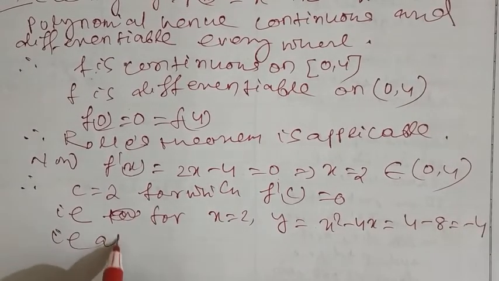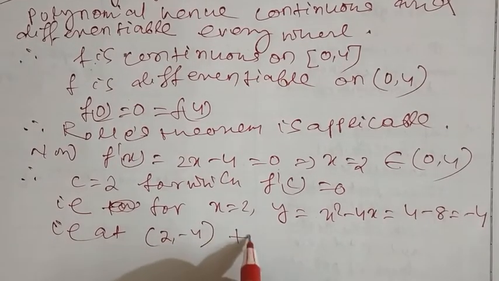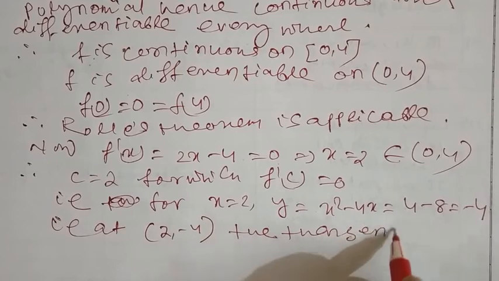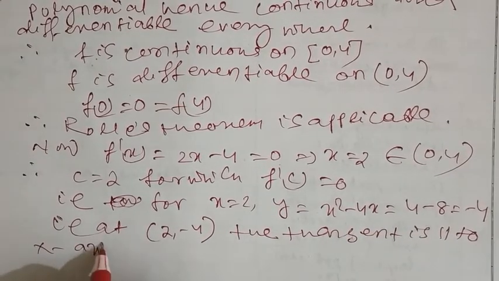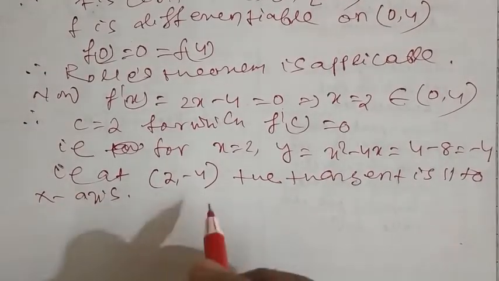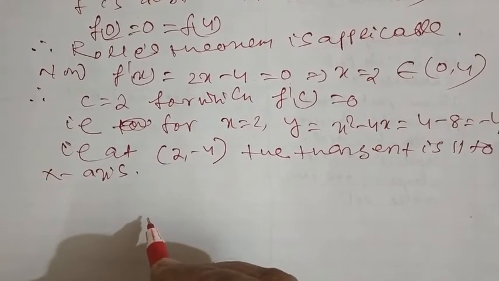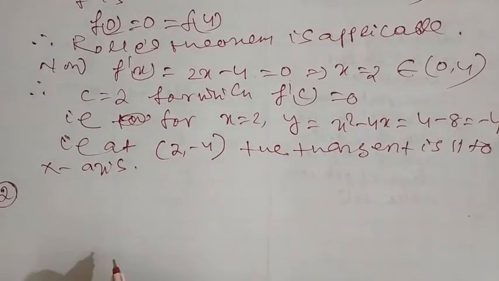That is, at (2, minus 4) the tangent is parallel to x-axis. So we have used Rolle's theorem to find the point where the tangent is parallel to x-axis. In the same way, a similar question on mean value theorem.